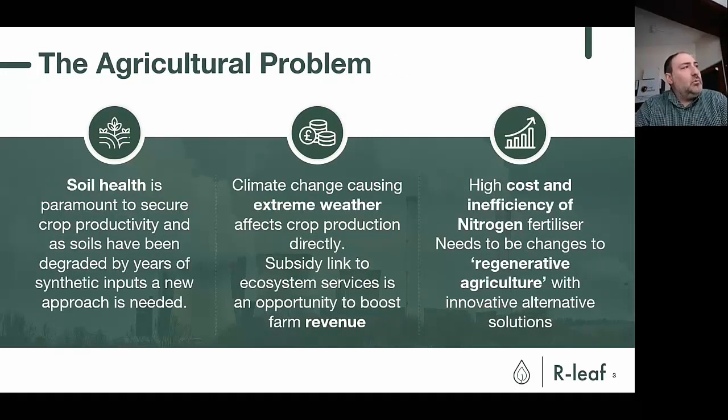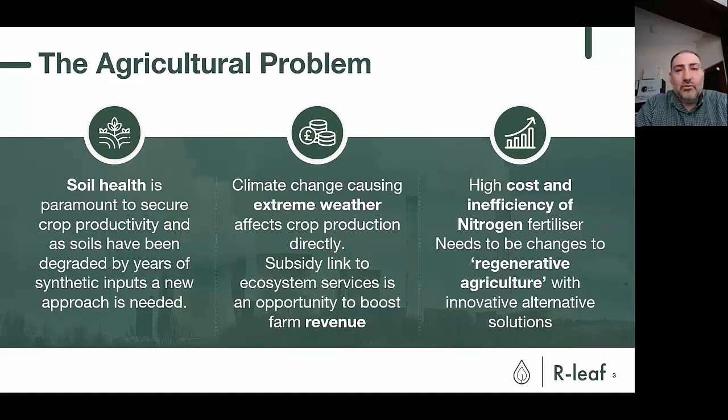From an agricultural point of view, we've got soil health. The long-term use of synthetic nitrogen has deteriorated soils. We know that. I think Australia apparently has 50 years left in the soil to still be productive.